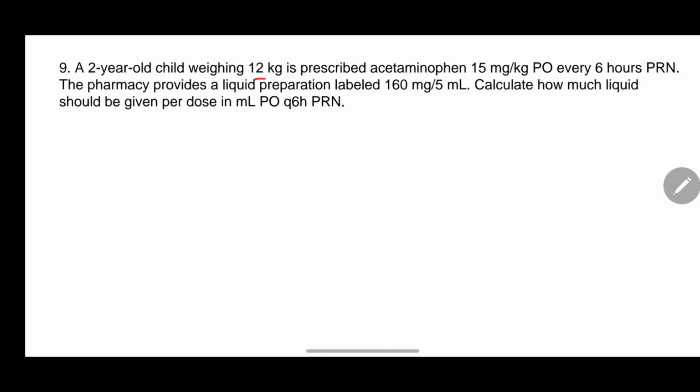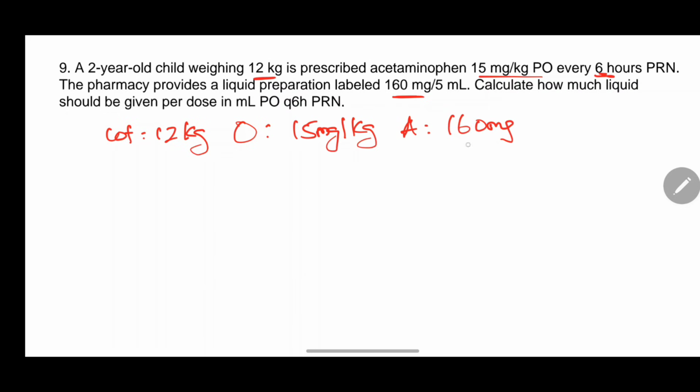A 2-year-old child weighing 12 kg is prescribed acetaminophen 15 milligram per kg every 6 hours. The pharmacy provides a liquid preparation labeled 160 milligram per 5 ml. So weight is 12 kg. Order is 15 milligram per kg. Availability is 160 milligram per 5 ml, that is 32 milligram per ml.